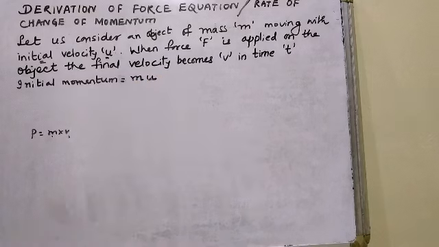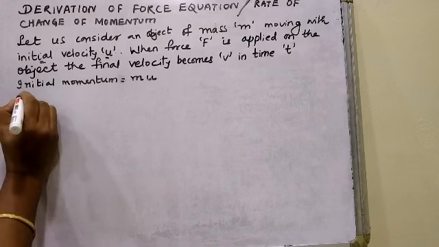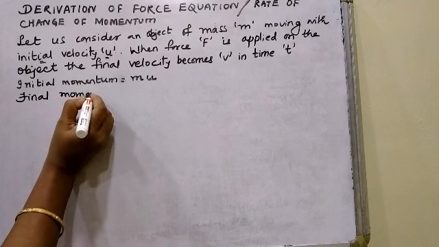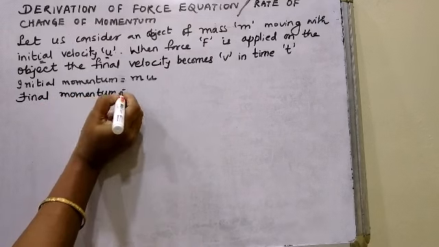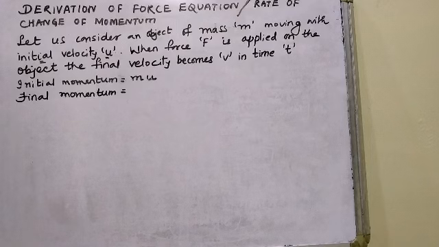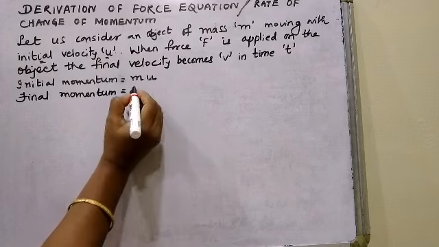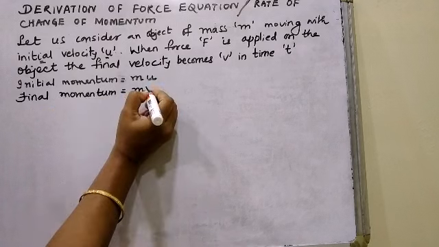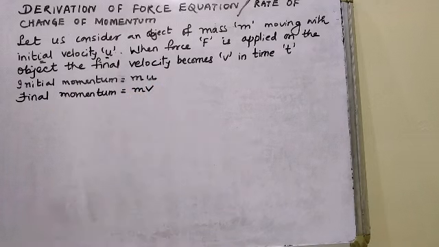So the initial momentum of the object will be equal to m into u. Now let's find out the final momentum of the object. So final momentum will be equal to, again momentum is equal to mass into velocity. So the mass of the object is m, and the final velocity of the object is equal to v.